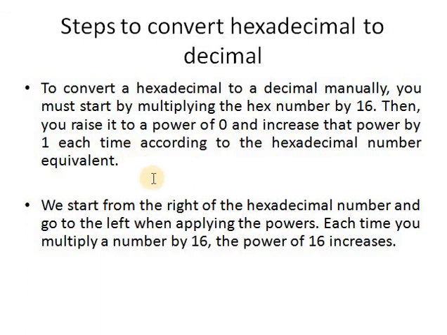So if a hexadecimal number is given and we have to convert it to decimal, we should multiply the given hexadecimal number by 16.